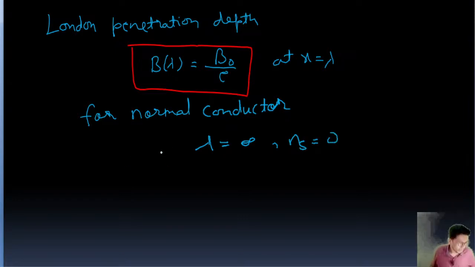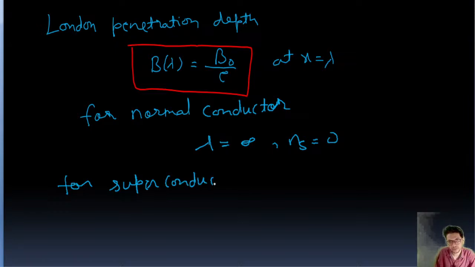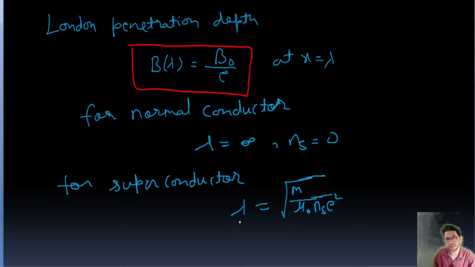If we talk about a superconductor, this lambda value, that is the penetration depth, is going to be root of m upon mu 0 ns e square.